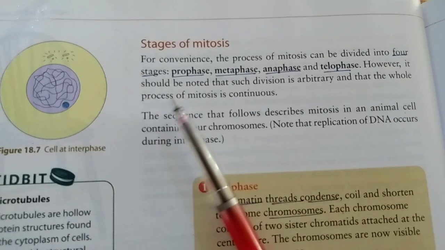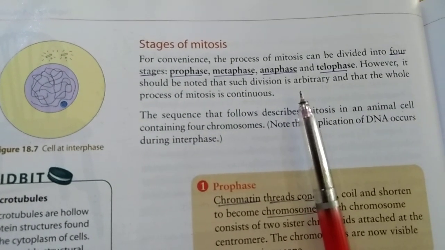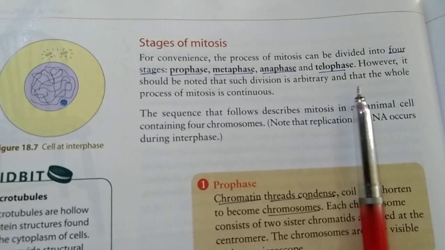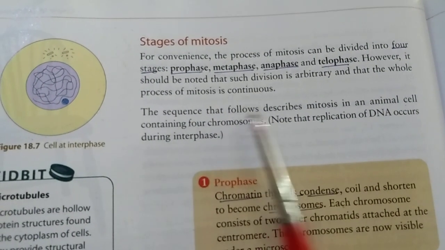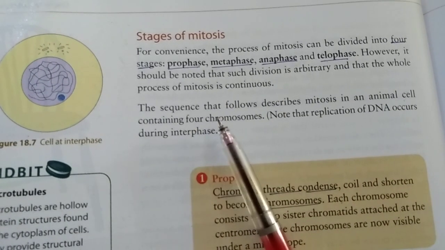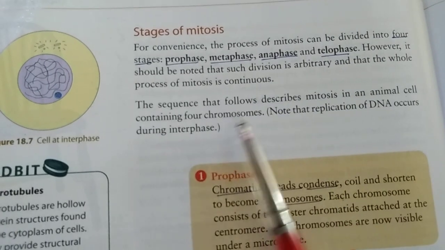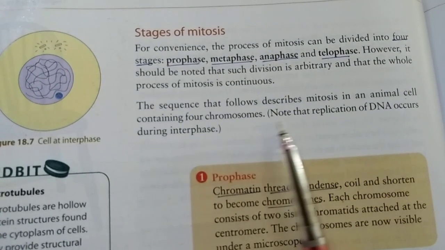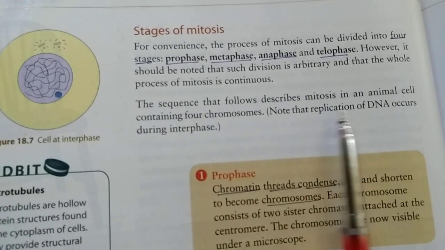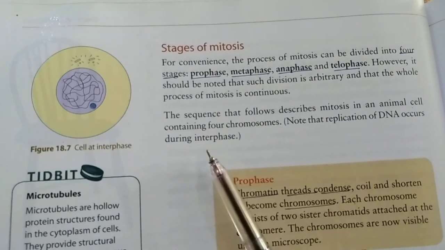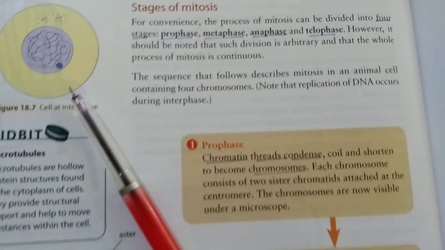However, it should be noted that such division is arbitrary and that the whole process of mitosis is continuous. The sequence that follows describes mitosis in an animal cell containing four chromosomes. Note that replication of DNA occurs during interphase. Cell at interphase.